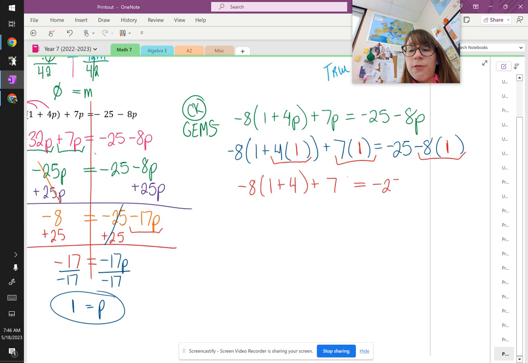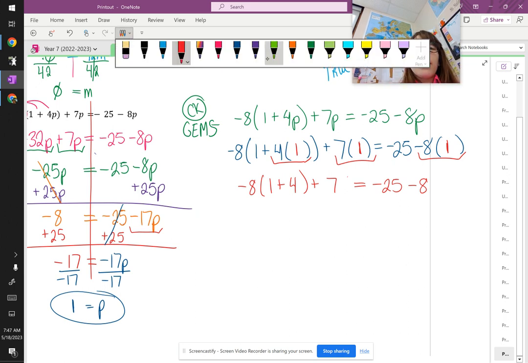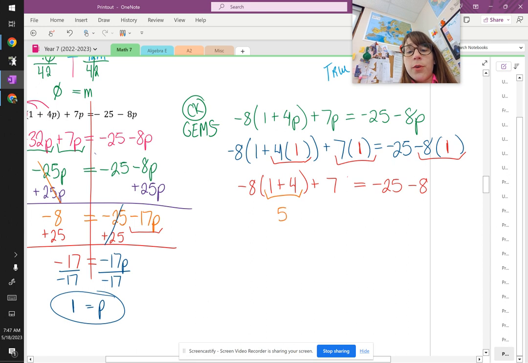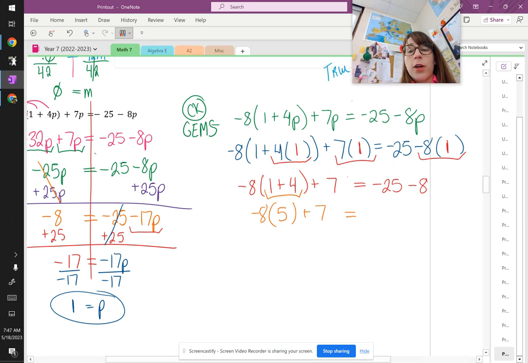So negative 25 is carrying down, and that just stays a negative 8. Still have some groupings over here that I need to deal with, so I'm going to do that first. The 1 plus 4 is 5, and again, carrying everything else down. Notice how our equal sign isn't really changing, despite me writing different colors. We're not moving anything over using inverse operations.